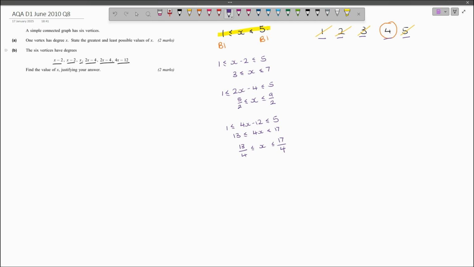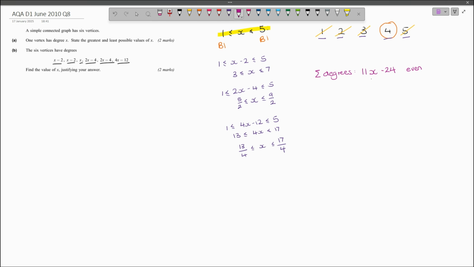And then last but not least, the sum of the degrees. The sum of the degrees, we get 1, 2, 3, 5, 7, we get 11x. Subtract 2, subtract 2 is minus 4, minus 8, minus 12, and minus 24. And we know that 11x subtract 24 is even.